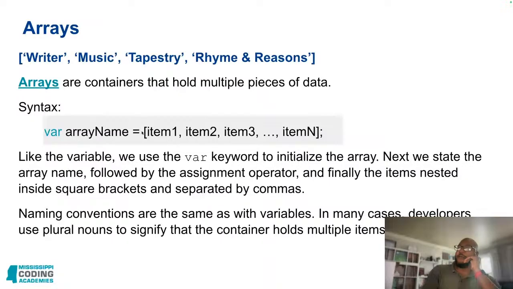Then we have the assignment operator, and then we store our items into square brackets. Okay, and this is important. We store them into square brackets, and each item is separated by a comma, as you can see here.